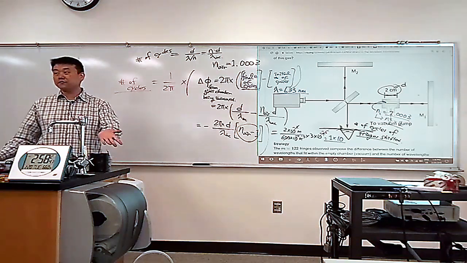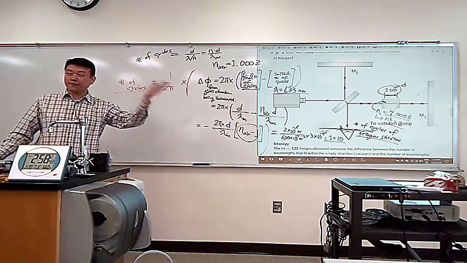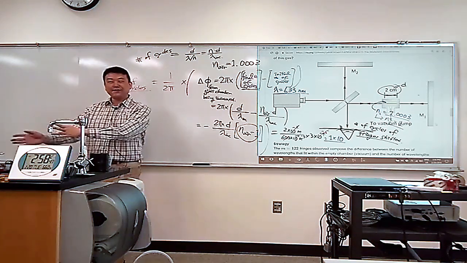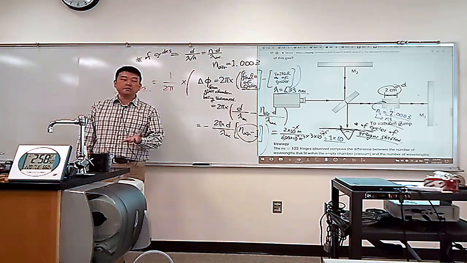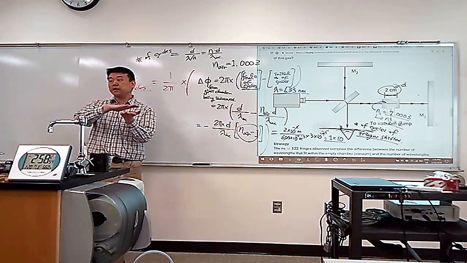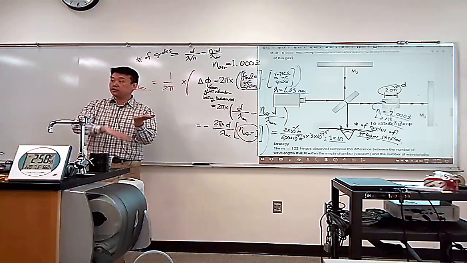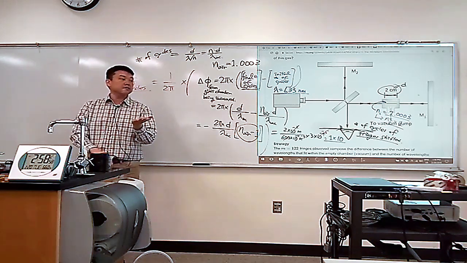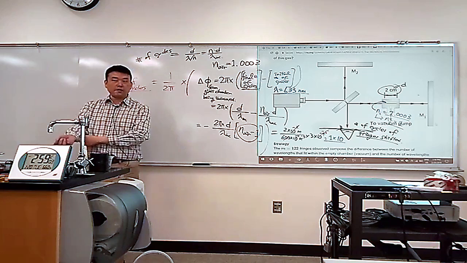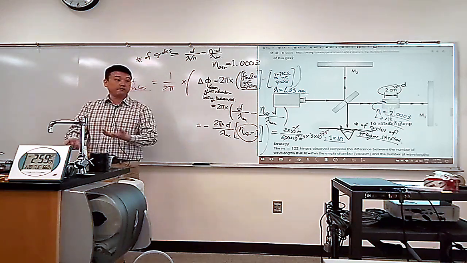They were looking for variation of the speed of light, and they measured zero variation. But even though it was a null result, because their setup was so precise, they could set a very high constraint on how much the speed of light could vary. And this was an important factor in people accepting what we today call Einstein's special theory of relativity.